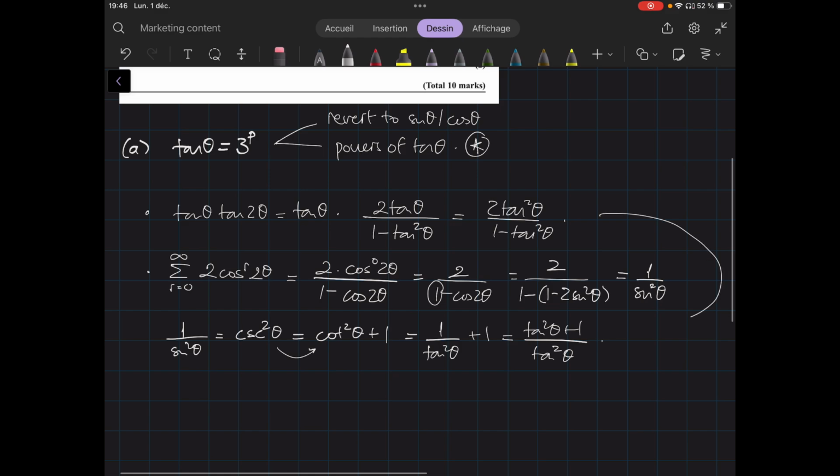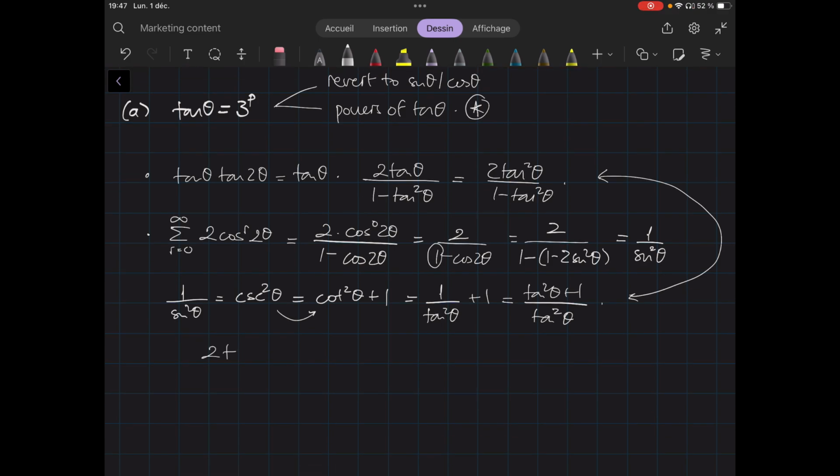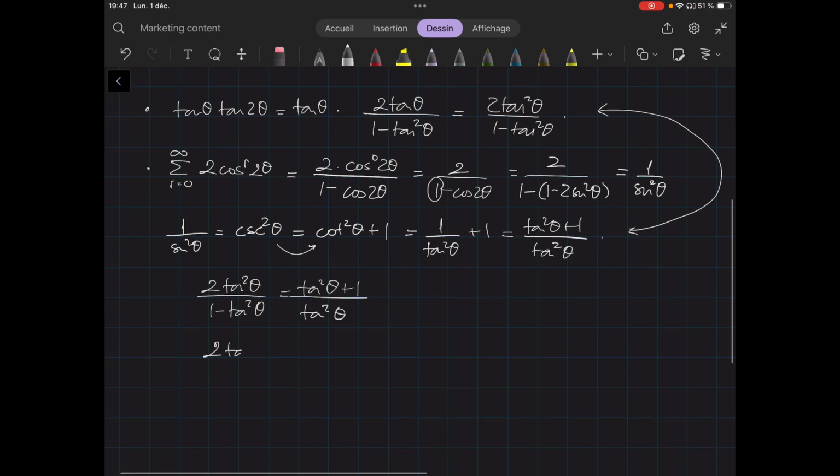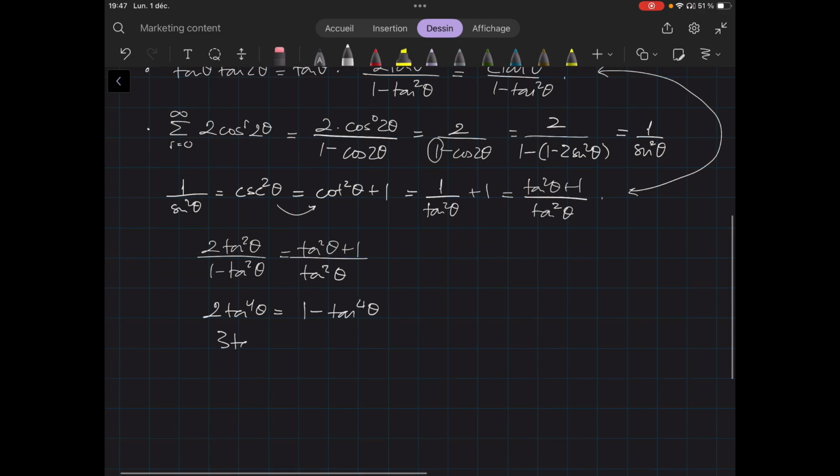Now we can equate the left-hand side with the right-hand side. We have successfully expressed both sides in powers of tan theta. So 2 tan squared divided by 1 minus tan squared is equal to tan squared minus 1 plus 1 divided by tan squared. 2 tan to the 4 is equal to 1 minus tan to the 4. 3 tan to the 4 is equal to 1.